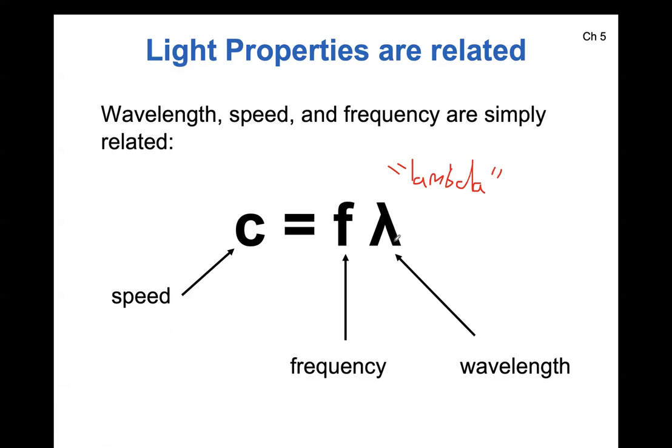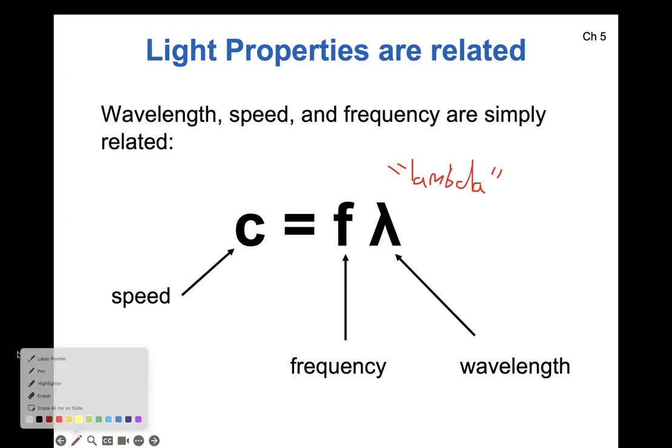Because if your lambda is 100 nanometers, and c is always 3 × 10⁸ meters per second, well, then you know what f is automatically because it has to be whatever value you multiply 100 nanometers, for example, by in order to get 300 million meters per second. So you only need to know one of these two variables in order to know both of them. And that's a unique property of light.